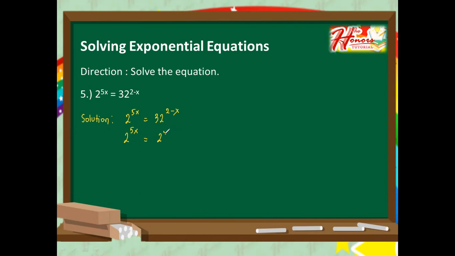raised to 5. Why? Because when you expand 2 raised to 5, then it is 2 times 2 times 2 times 2 times 2. So 2 times 2 is 4, times 2, 8, times 2, 16, times 2, it's 32.